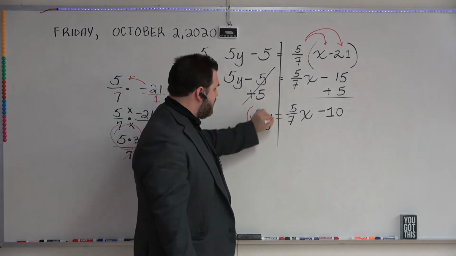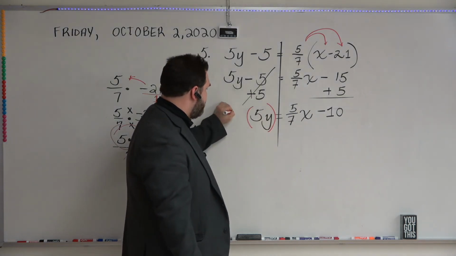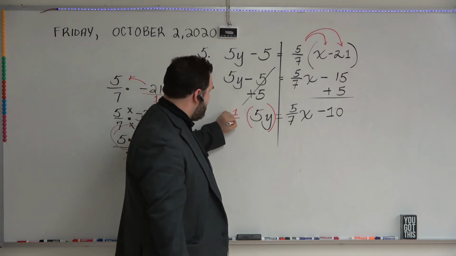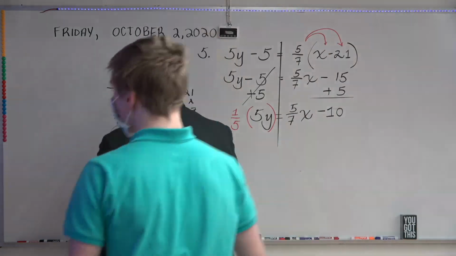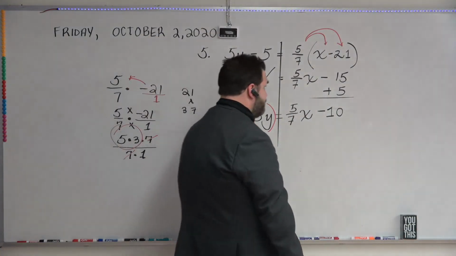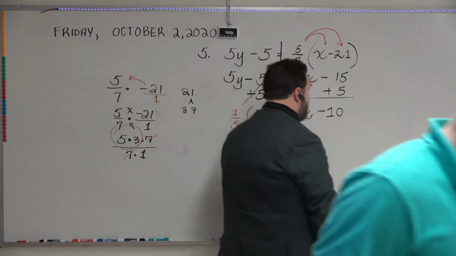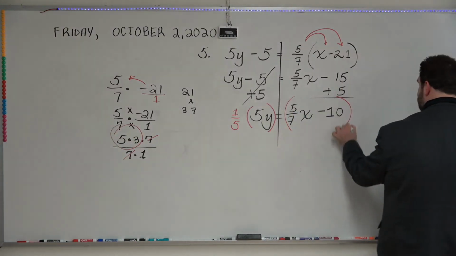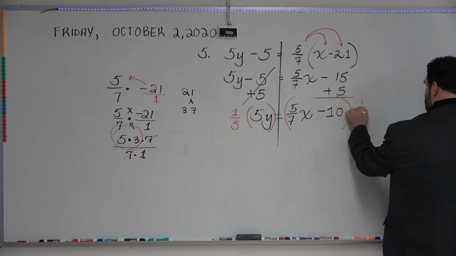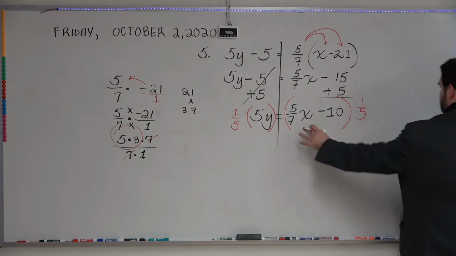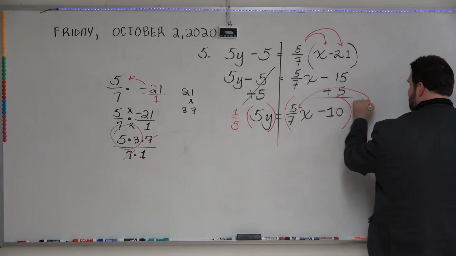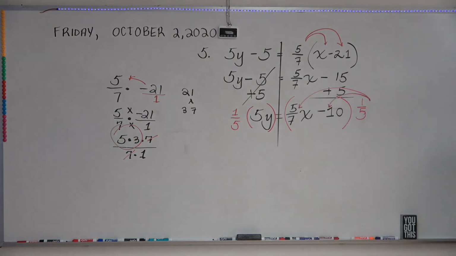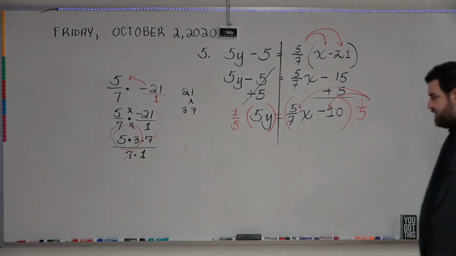So what I actually want to do this time is multiply both sides by 1 over 5. It's the same thing as dividing by 5. And I'm going to multiply the other side by 1 over 5. And when I multiply, I put this thing in parentheses because I'm going to have to distribute that multiplication to both terms. Distribution can go that way as well.